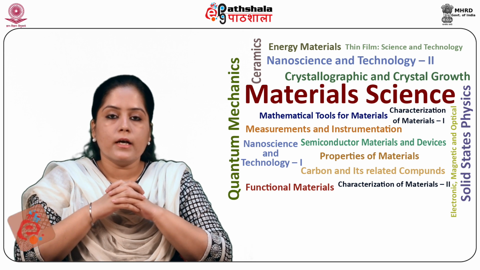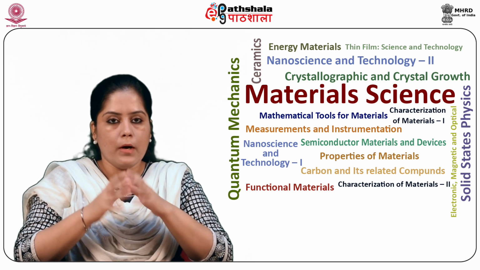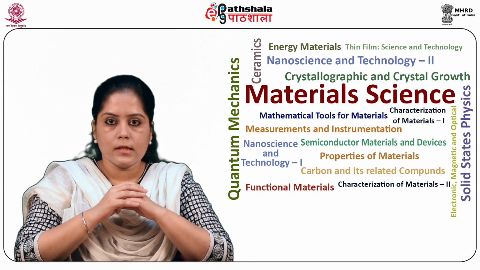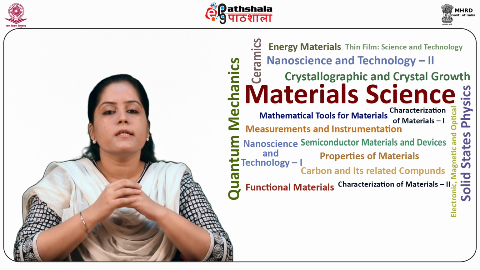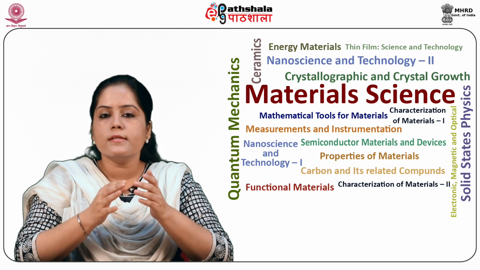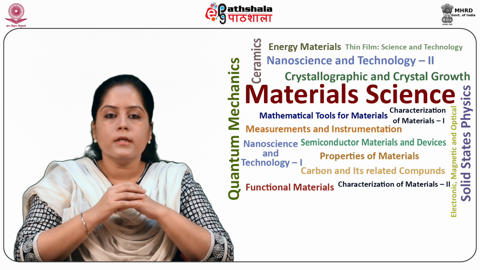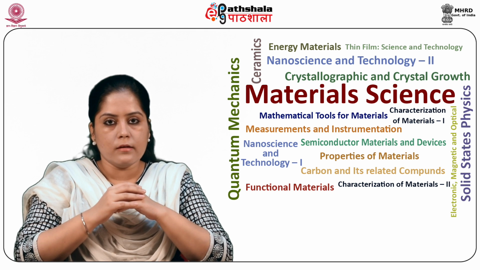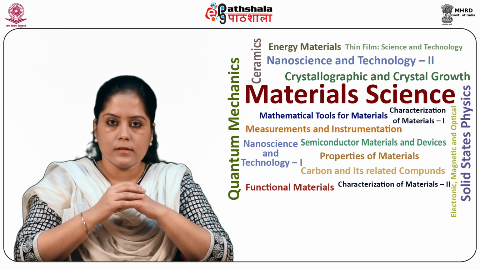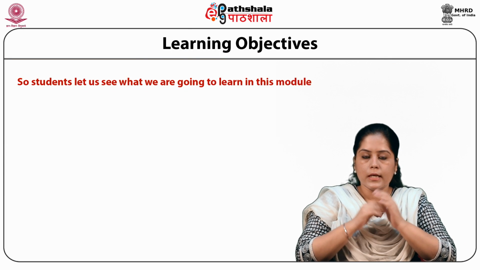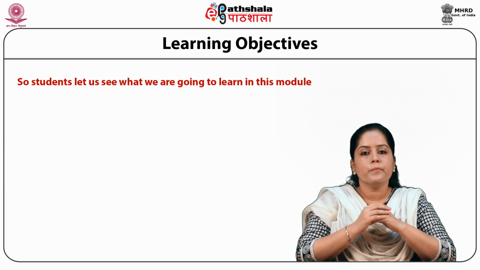So today we are going to discuss the module on IMPATT devices, basically impact avalanche transit time devices, from the paper Semiconductor Materials and Devices. So let us see what we are going to learn in this module.